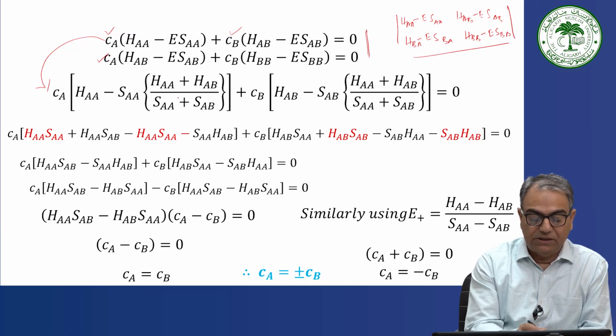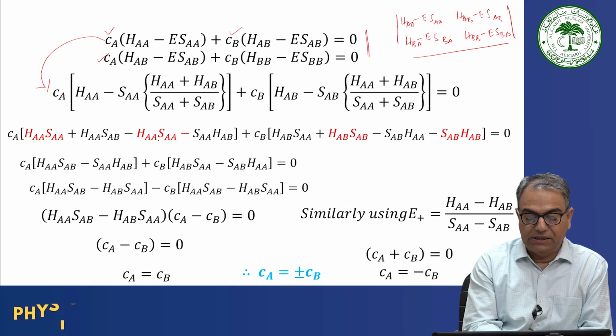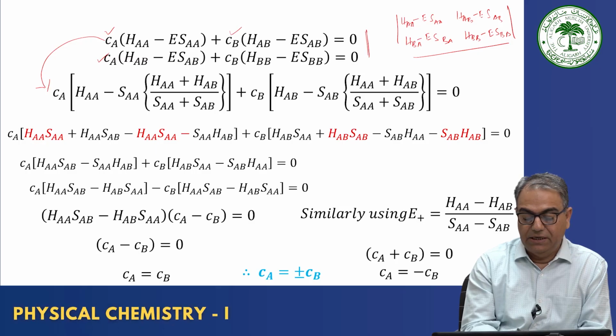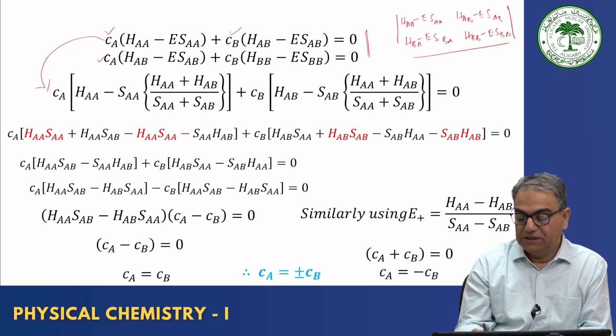Ca, then this you can write as HASA plus HASAB. One of the steps I have not written knowingly, that you can write and then expand. So you have HASAB minus HASA minus SA HAB. Then Cb will be HAB SA, HAB SAB, then SAB HA, SAB HBB. So look at this one.